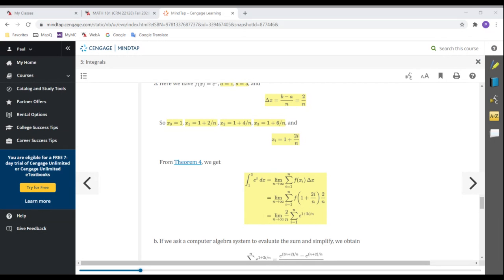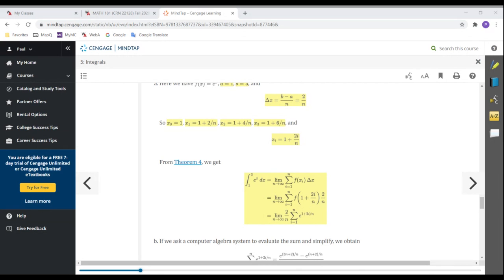Are there any questions? Well, no, 2 over n. You can't take out the 2 over n in front of the limit, Ian, because the limit is n goes to infinity. You can bring the 2 over n out in front of the summation, like they did, but you can't bring it out any further.